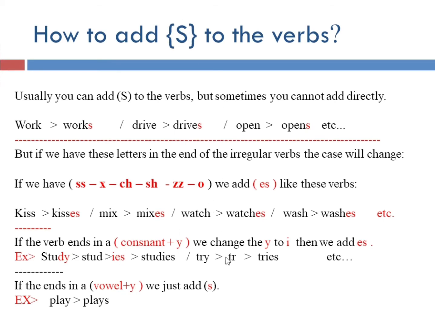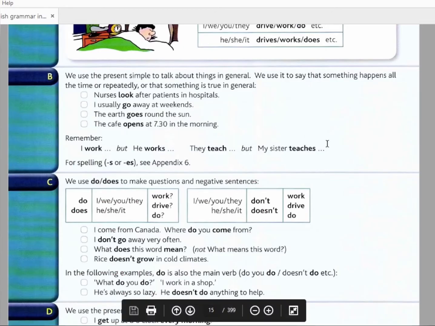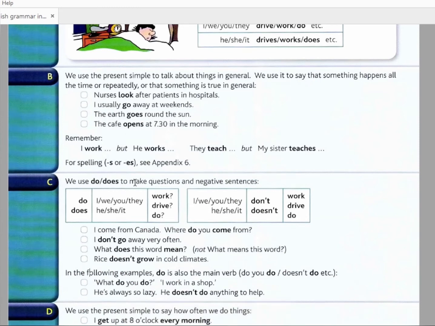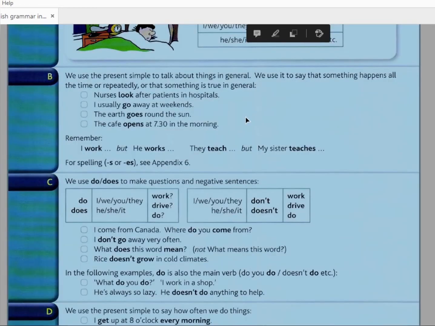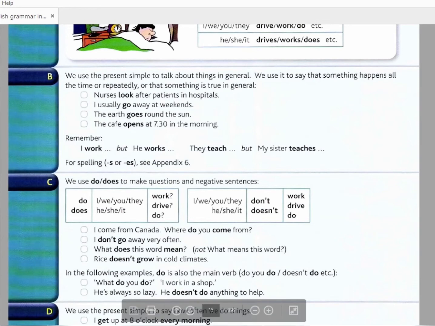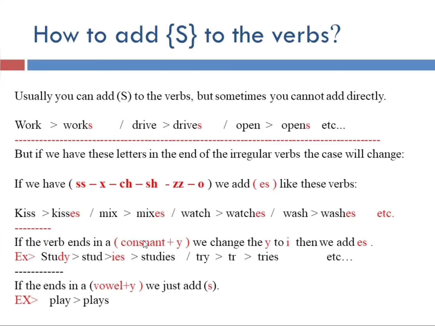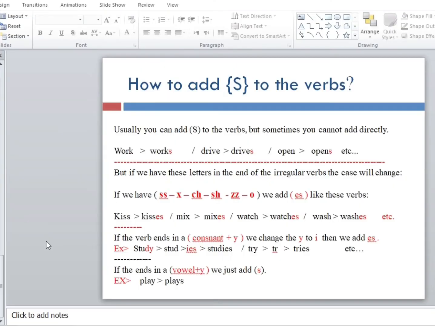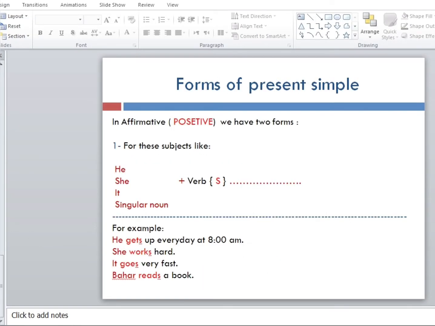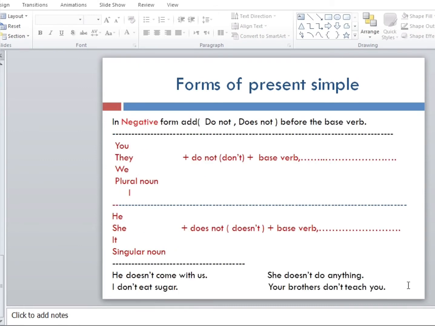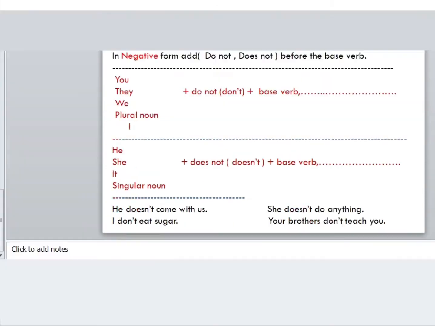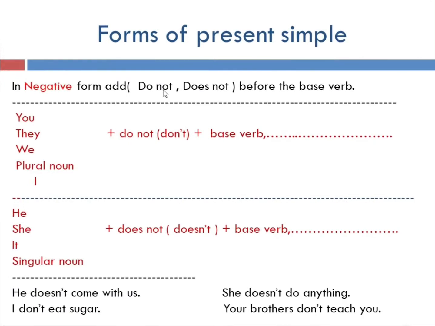This is totally easy. So let's get back to our business in the book. We have another form, which is the negative form of present simple, and the last one is the interrogative, the question form. So let's go back to the previous slides. Let me just make it full screen. Okay.